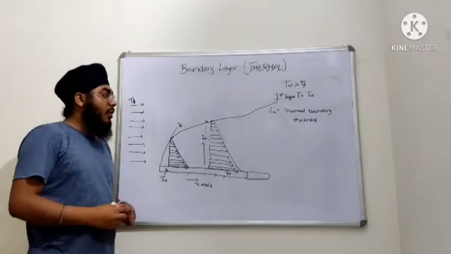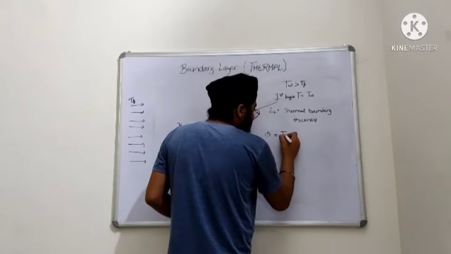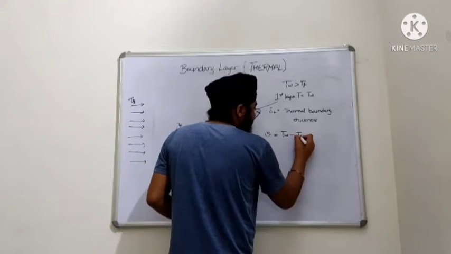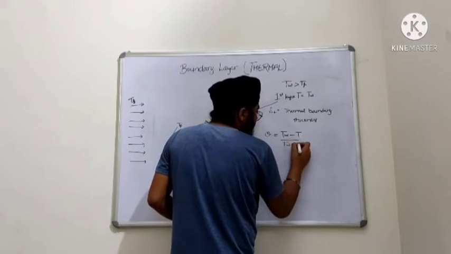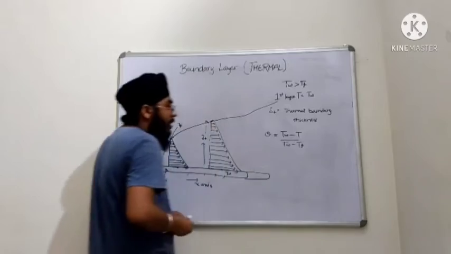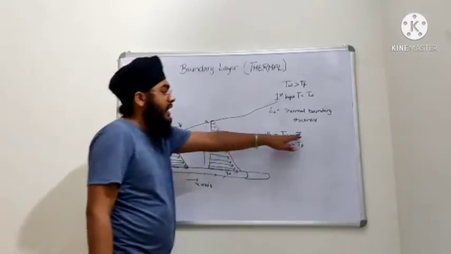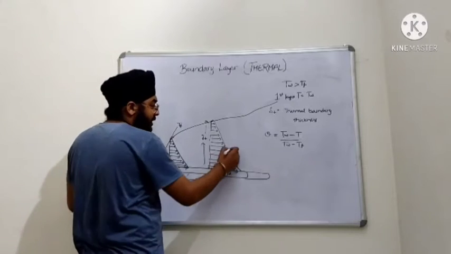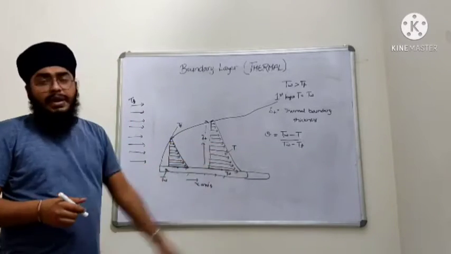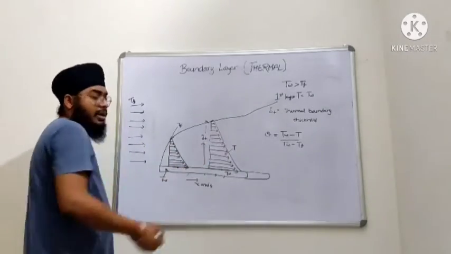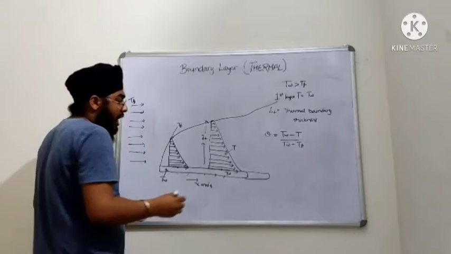Okay, so now let me define a dimensionless number theta equal to (Tw minus T) upon (Tw minus Tf). Here Tw is the temperature of the surface, T is any local temperature, and Tf is the temperature of the fluid.